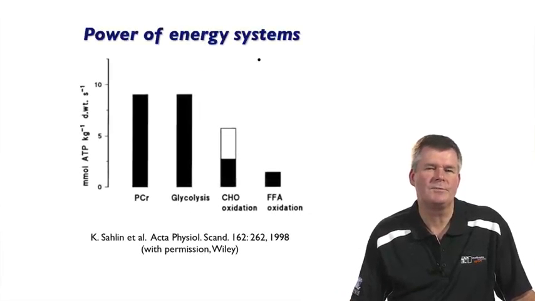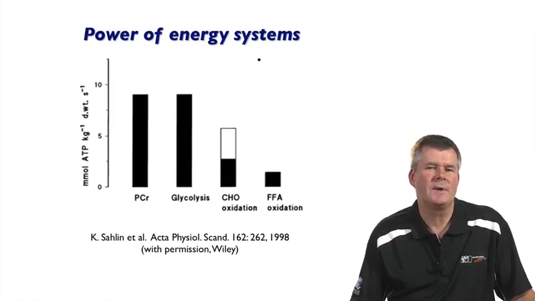An important concept in exercise physiology is the relative power and capacity of these energy systems. As you can see, ATP is generated very rapidly from the breakdown of phosphocreatine and through glycolysis. The rate of ATP production is lower when you oxidize carbohydrate, and lower again when you oxidize fat.